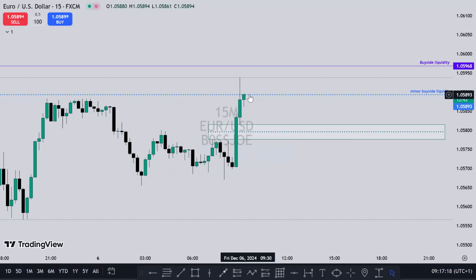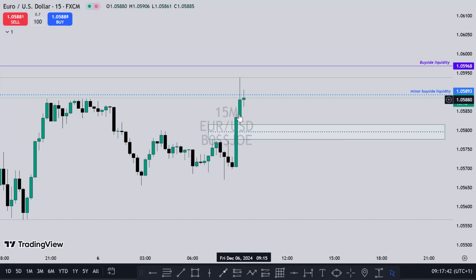One thing about it, also note this: you can know the draw on liquidity, you can know where price is going next, but you don't have any engagement. In other words, you don't see the setup. You can know where price is going right now, but if your setup does not form what you want it to do, you sit down still, you do nothing.